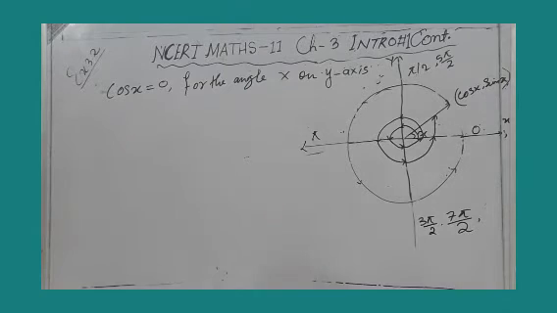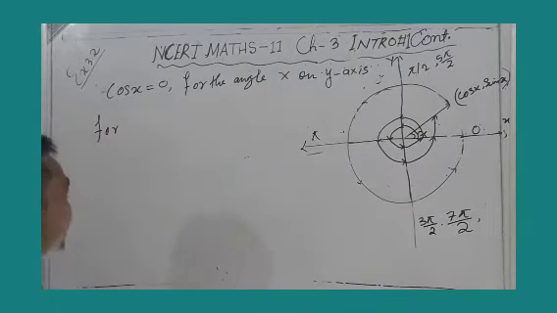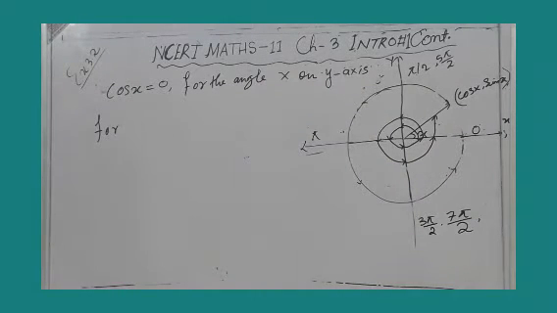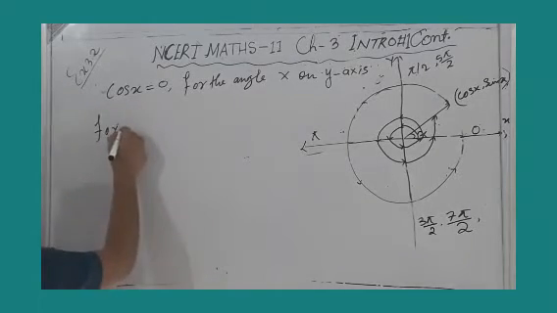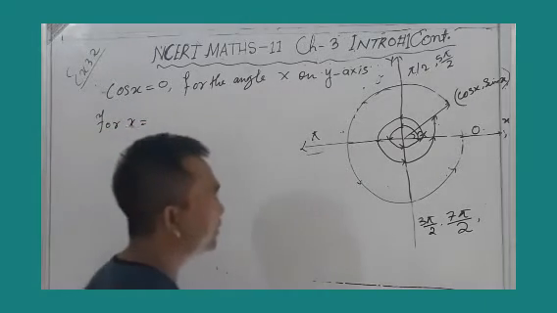Now, what will you write? For x equal to 0, will it come or not?